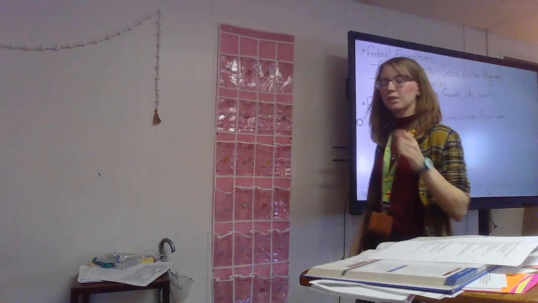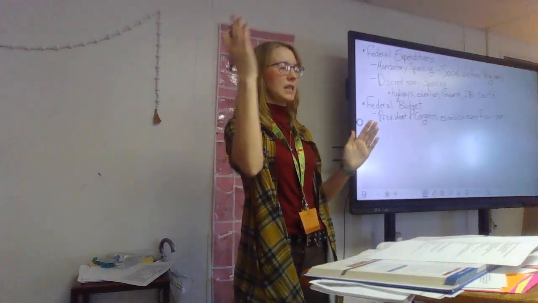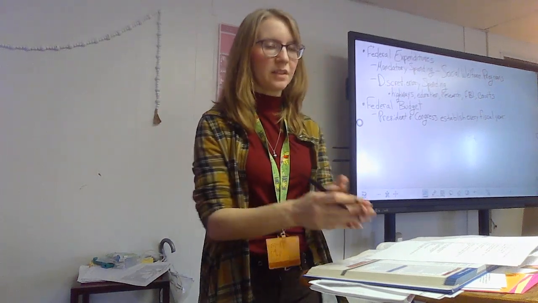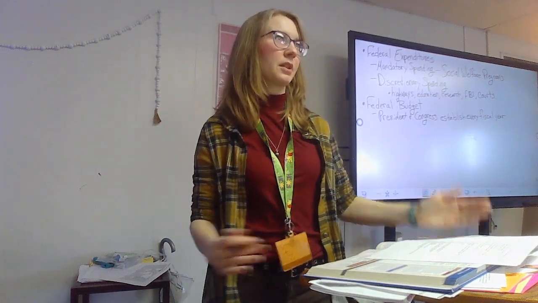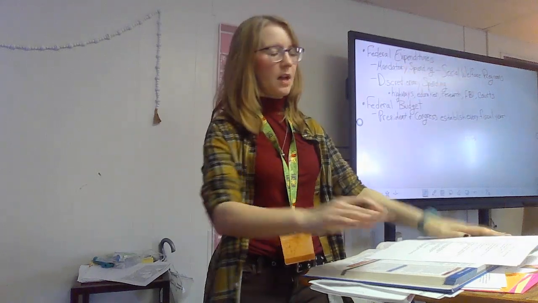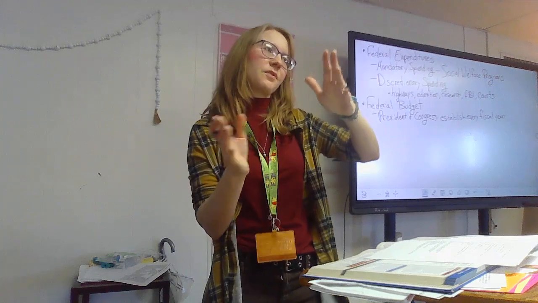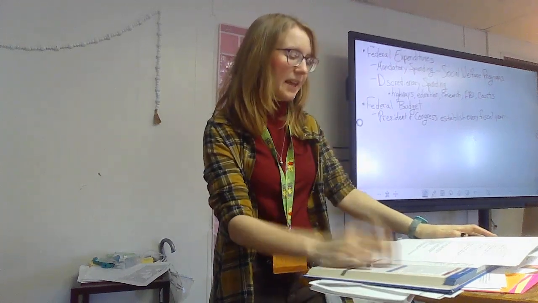So when I say fiscal year, that means a year in money, okay? That doesn't necessarily mean 12 calendar months from January through December. A lot of the time, fiscal year kind of shifts a little bit based on things like tax day.